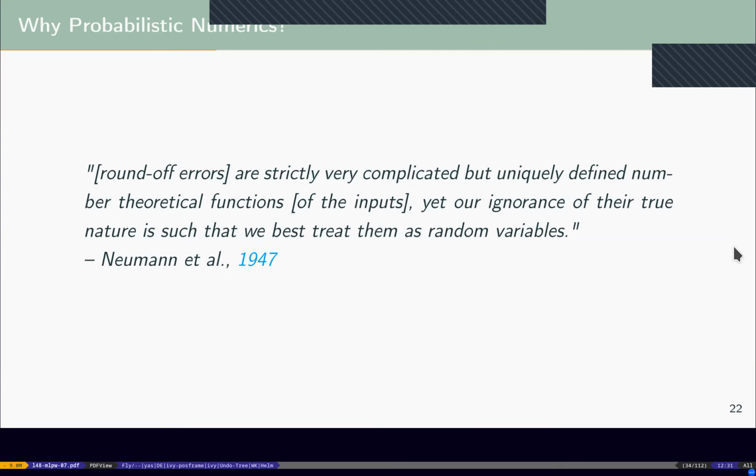Yet our ignorance of their true nature is such that we best treat them as random variables. So in this case, cool, this is a completely deterministic system, but it takes an awful amount of effort to trace all these deterministic computations. So maybe it's just better to see them statistically. So I actually do this for speed instead.